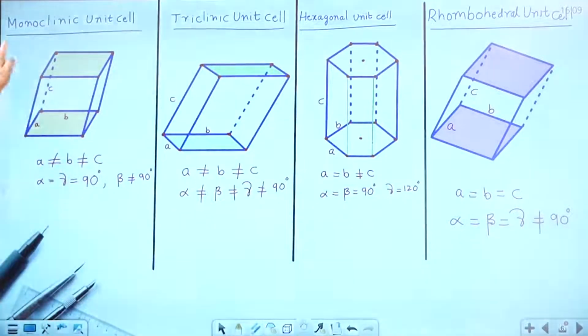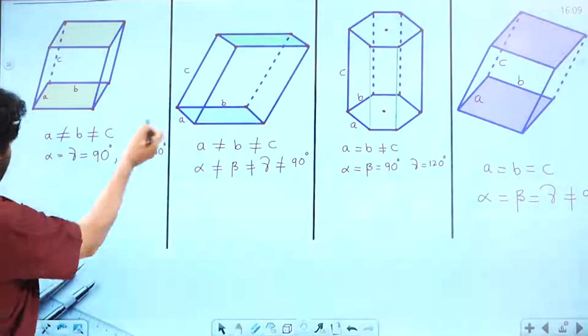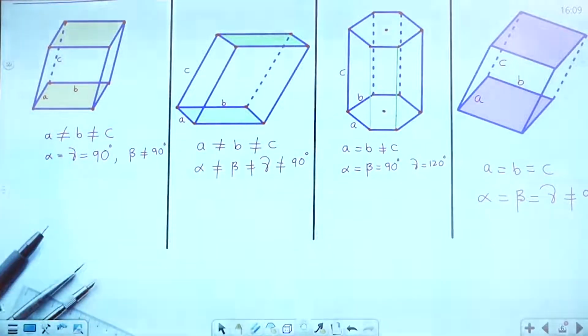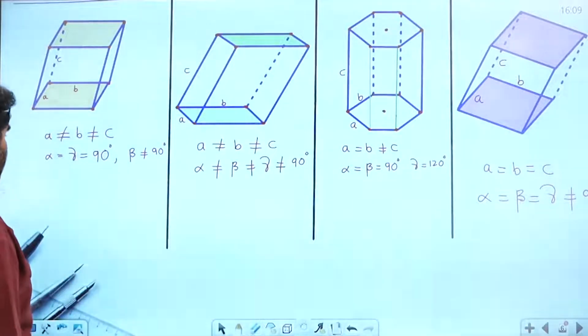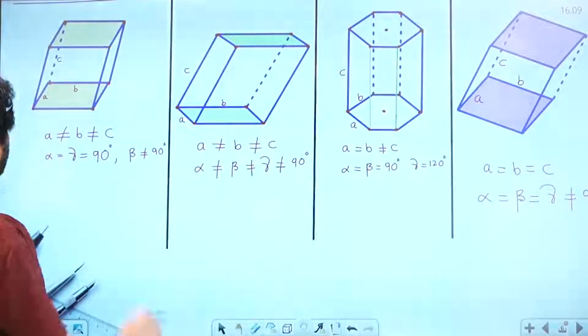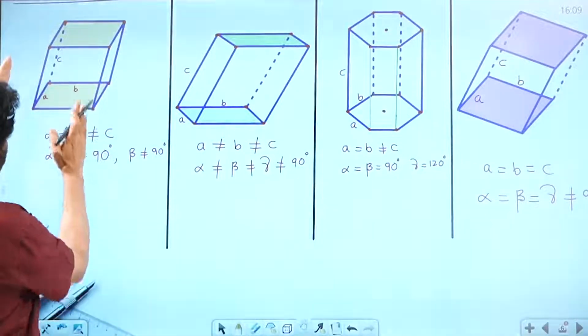Here it is the monoclinic unit cell. A is not equal to B is not equal to C. All 3 edge lengths are not equal. Alpha and gamma are 90 degrees, whereas beta is not equal to 90 degrees. It is slightly inclined.